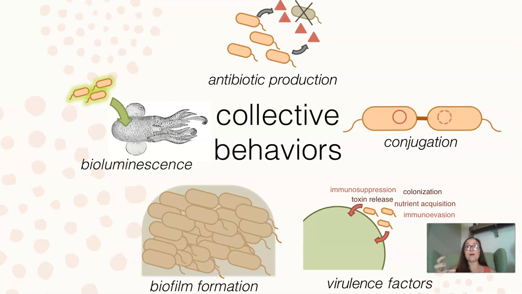But they'll do that when they themselves are in a high population density and can have a greater effect on that competing bacteria population that's nearby. So there are collective behaviors that will benefit from quorum sensing in bacteria.